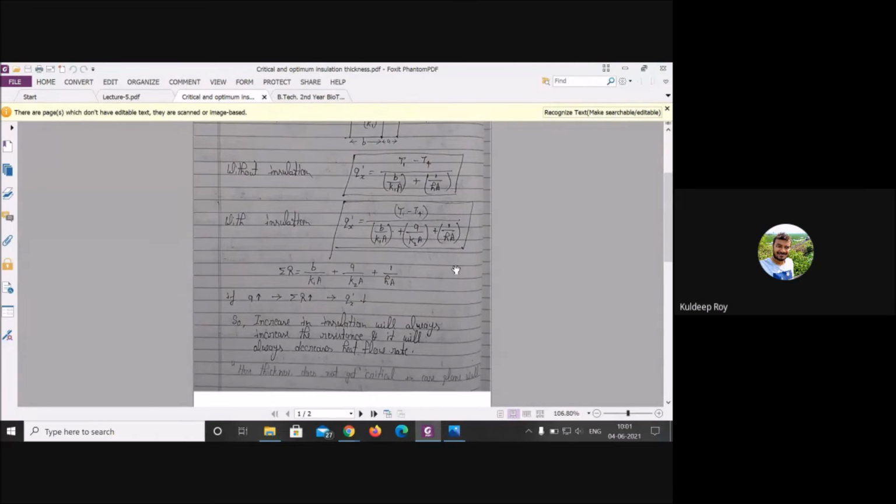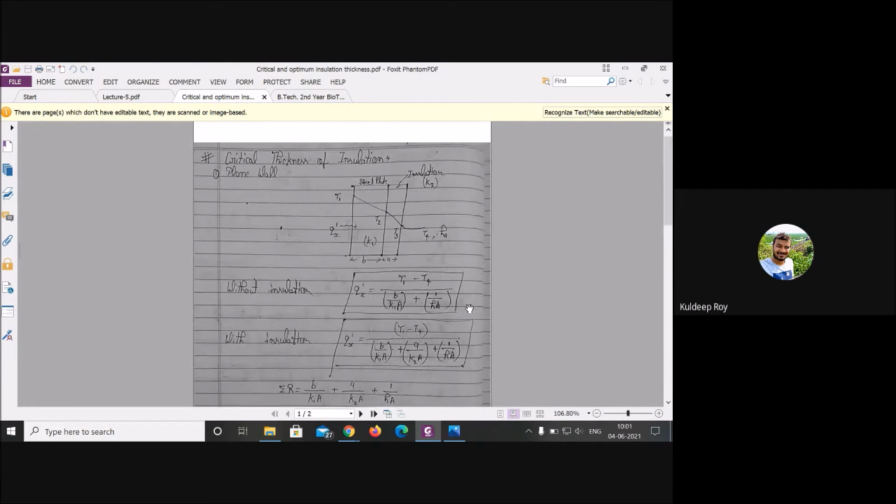If you are talking about a slab, it is very hard to find what the critical thickness is, because there is nothing like a so-called critical flow, since you have to tune your parameters based on your economy and capital cost as well. In the plane wall, you cannot claim that this one is your critical thickness. That's why I have written here that thickness does not become critical in the case of a plane wall.